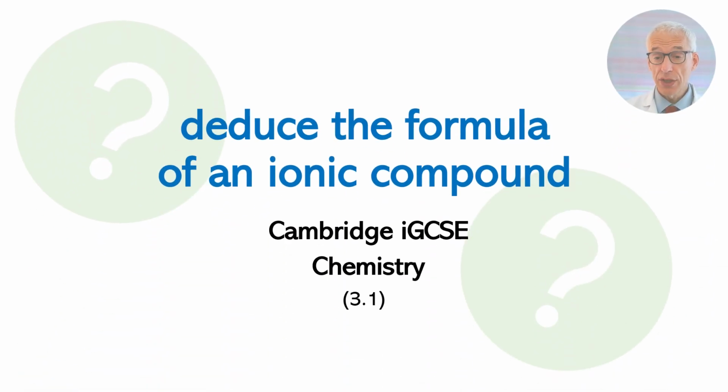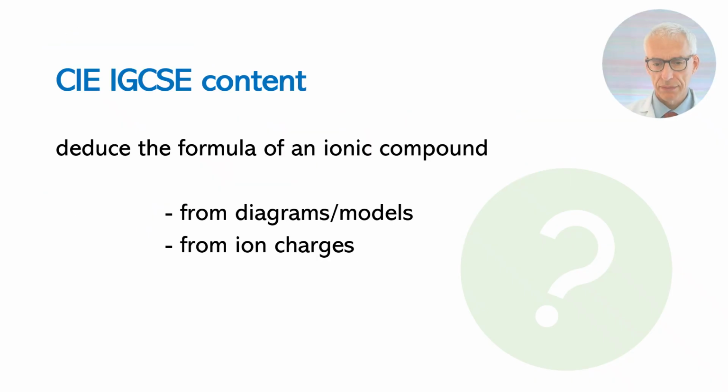How to deduce the formula of an ionic compound for Cambridge IGCSE Chemistry. So you are expected to deduce the formula of an ionic compound from diagrams and pictures of models and from the ion charges involved.